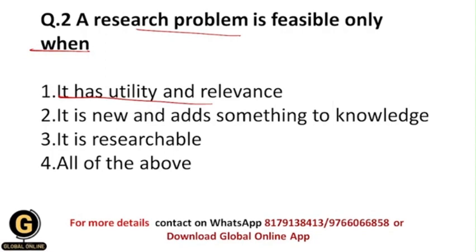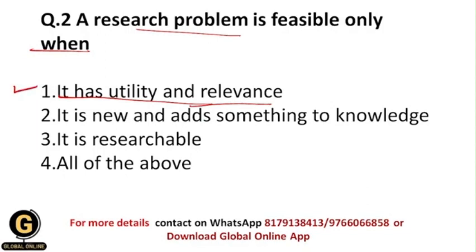It should have relevance to the problems within the society. Whatever problems there are within the society, these problems should be our research problem. So a research problem has some kind of relationship with the society, or specifically with problems in the society. After that only we can say that the research problem is feasible. So this is an option when we can say that the research problem is feasible.